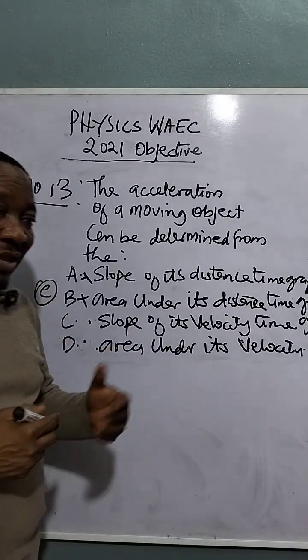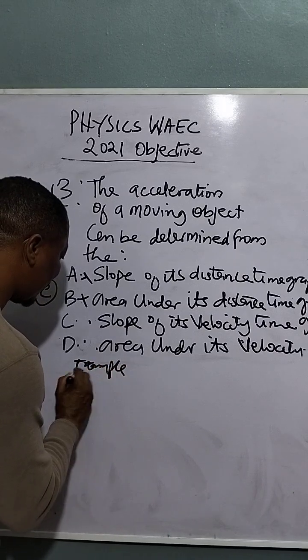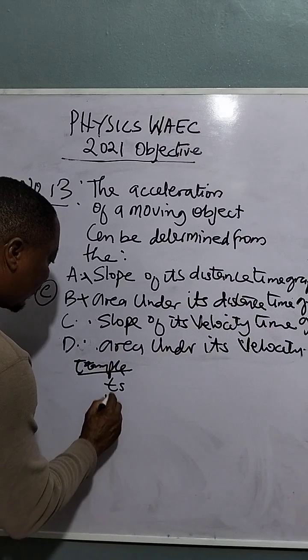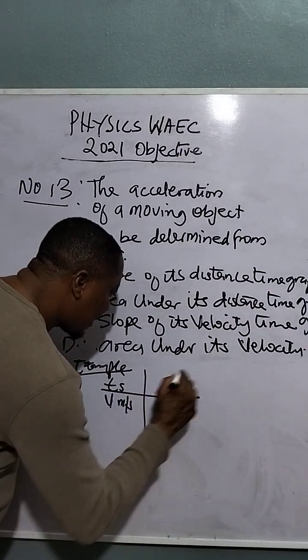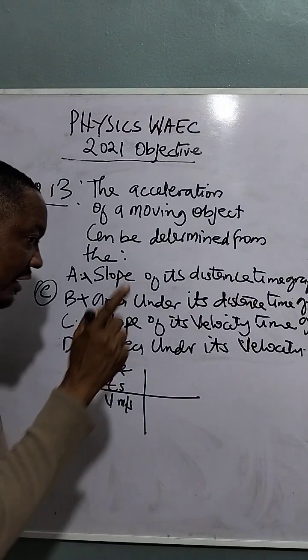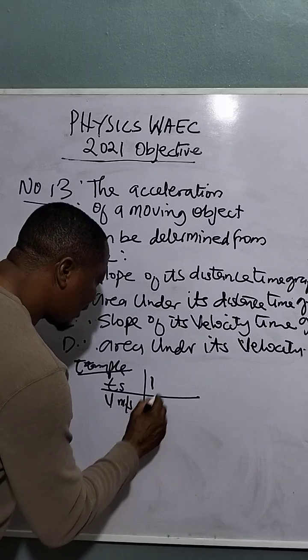Let's look at an example. We have the time t in seconds and the velocity in meters per second. A car accelerates: at 1 second, 5 meters per second. At 2 seconds, 10 meters per second.